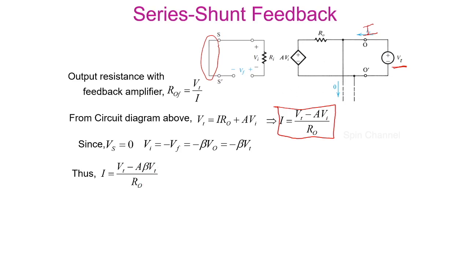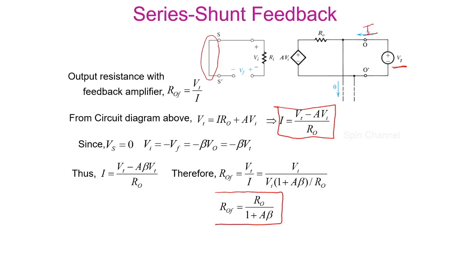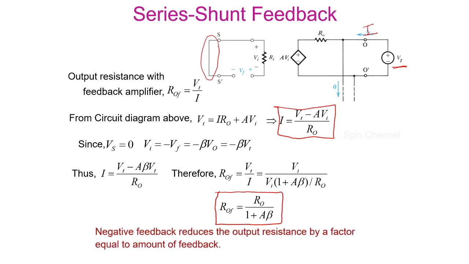Substituting all these values in the output resistance expression, we get R0f equal to R0 divided by (1 plus A into beta). So it is evident that the negative feedback reduces the output resistance by a factor equal to the amount of feedback.